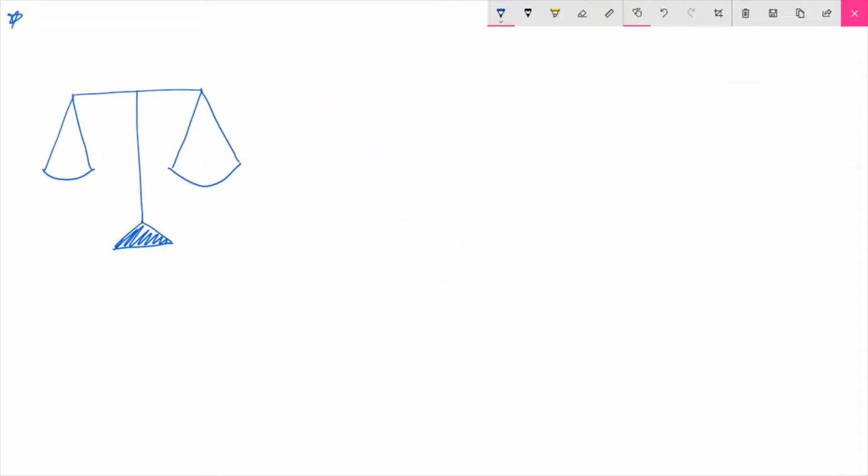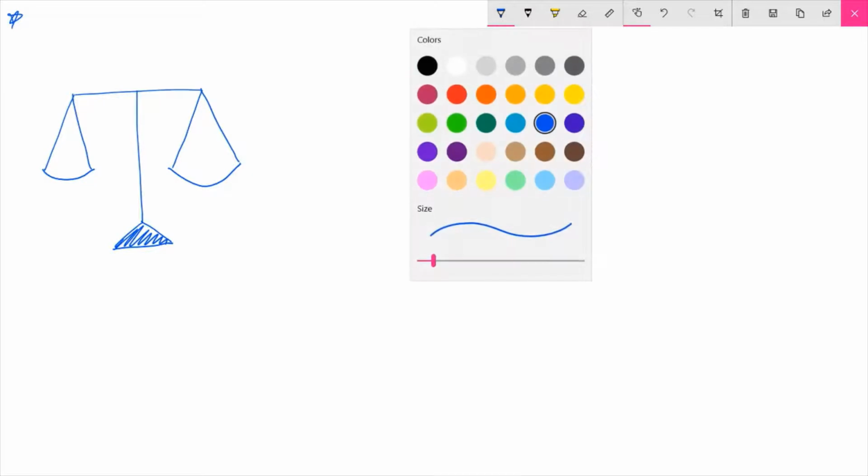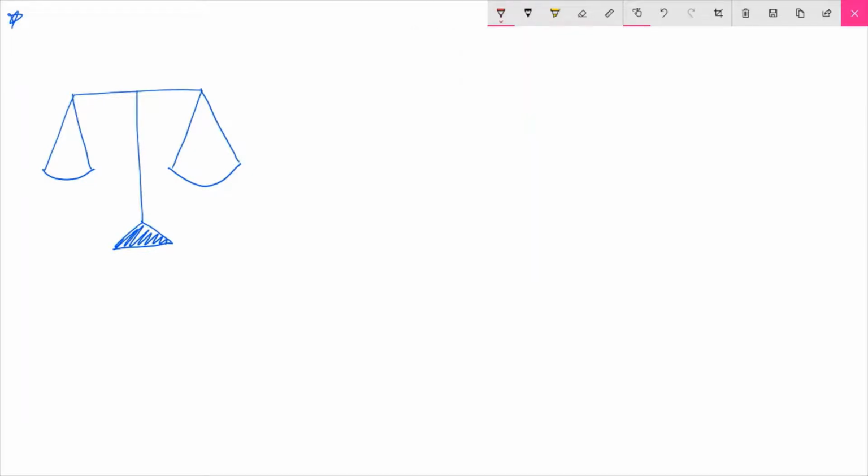In the past, you've looked at an equation like it was a set of scales. So we have two sides to the scales, and the scales need to be balanced. So they need to be even. So whatever we place on one side needs to be equal to the other side. Let's imagine we have two boxes and they have a value of x, and then we have three balls and they have a value of 1.